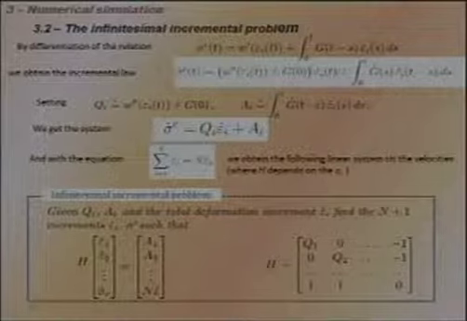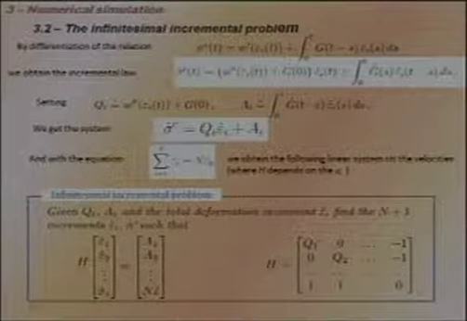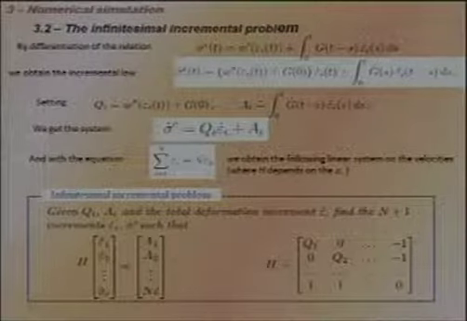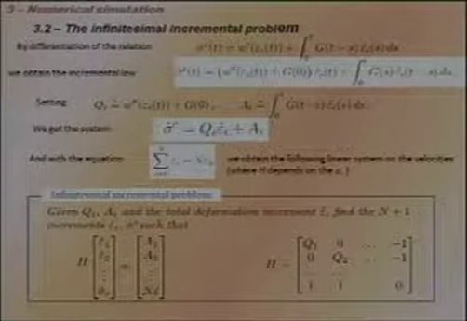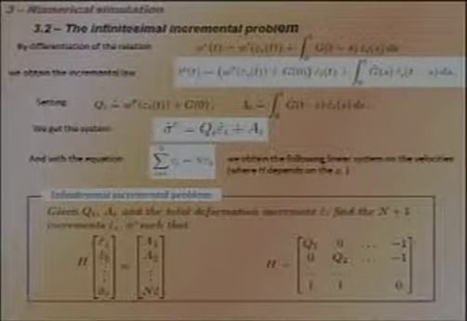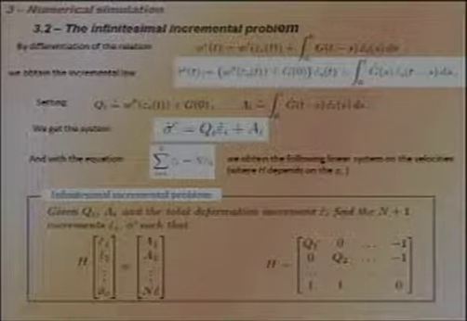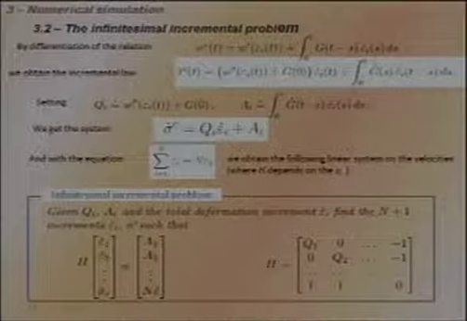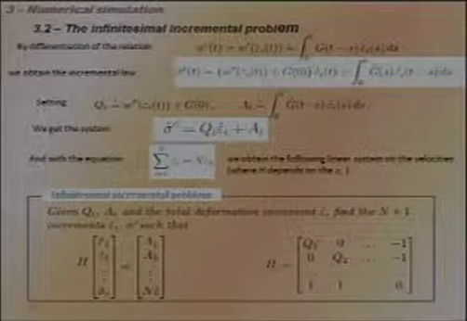Including this relation, we get this linear system on the velocities, where H depends on the current deformation. At each step, we have to build the matrix H again. But what happens because of the nonlinearity? That's the way to evaluate Ai and Qi.